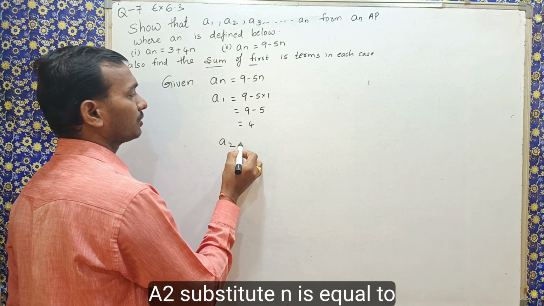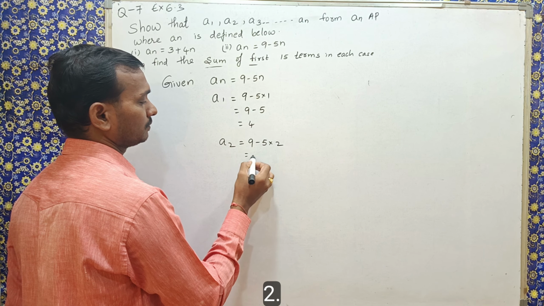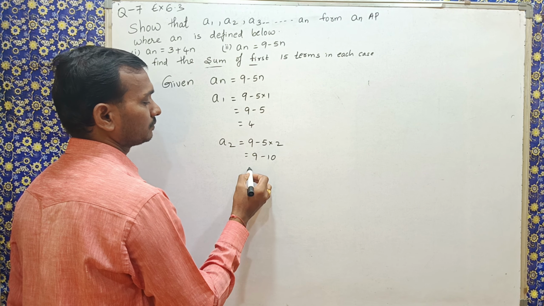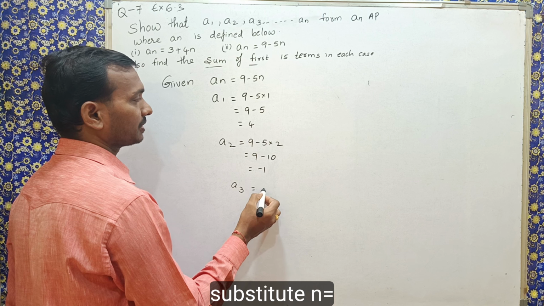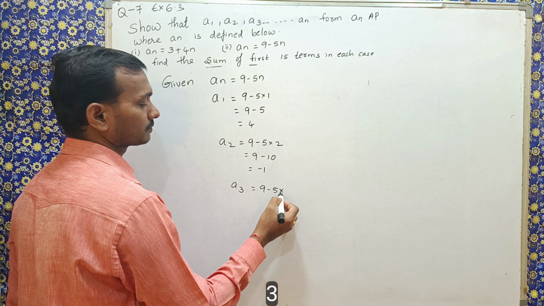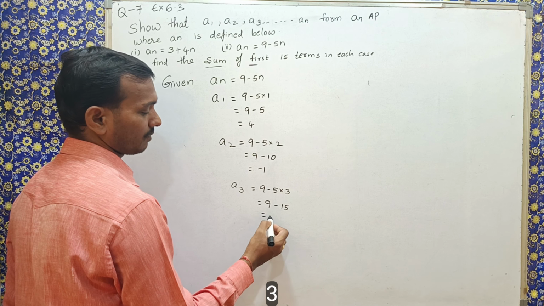A2, substitute n is equal to 2, that is minus 1. Substitute n is equal to 3, minus 6.